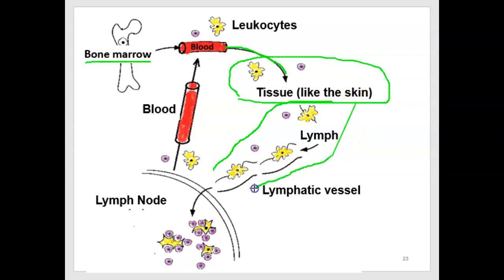And so the leukocytes are in the lymphatic vessel, and then they enter the lymph node. But as we know, there's a vein draining the lymph node of blood. Well, these leukocytes could then re-enter the bloodstream. So they start out in the bloodstream, and they can leave the bloodstream and enter a lymph node, and leave a lymph node and get back to the bloodstream.